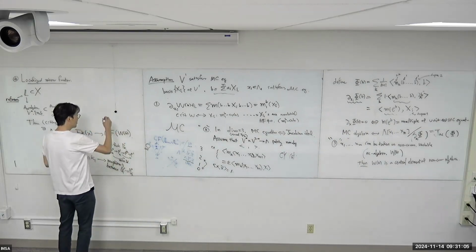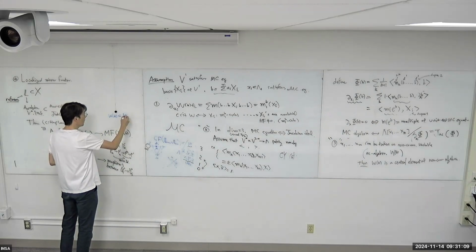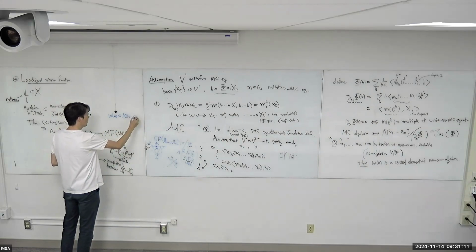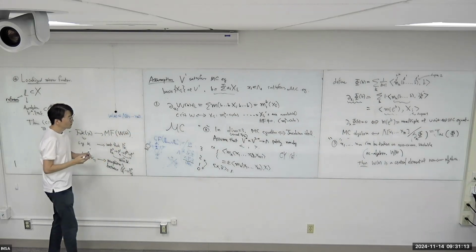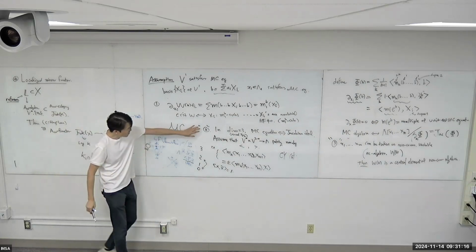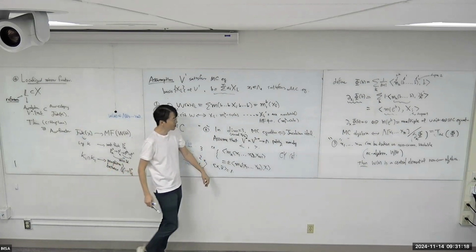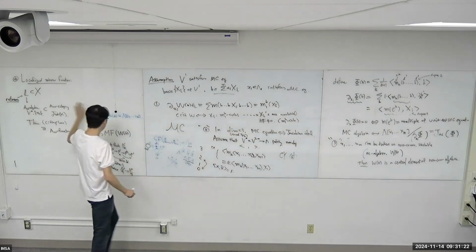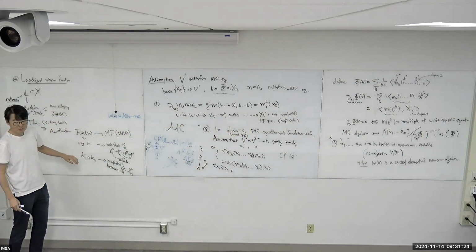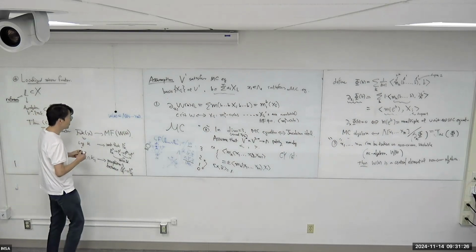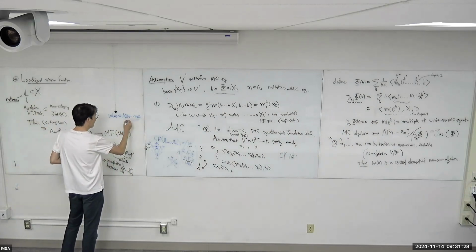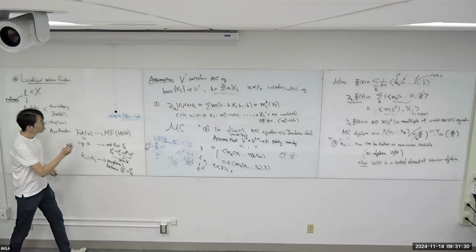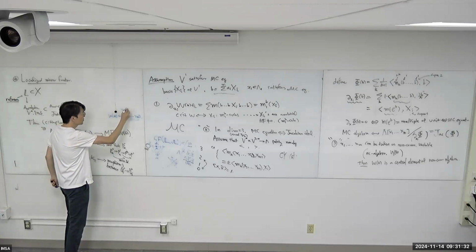This is an element of Lambda[x1, ..., xn]. So this was just the explanation that you can also do it non-commutatively, and this localized mirror functor works as well. But let's just stay in the commutative world.